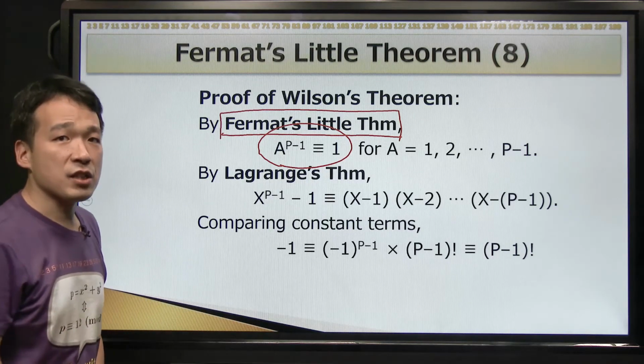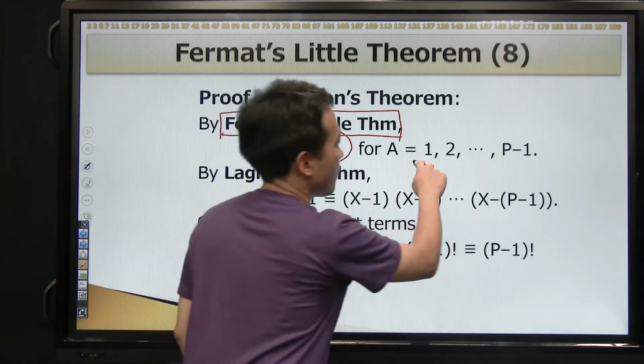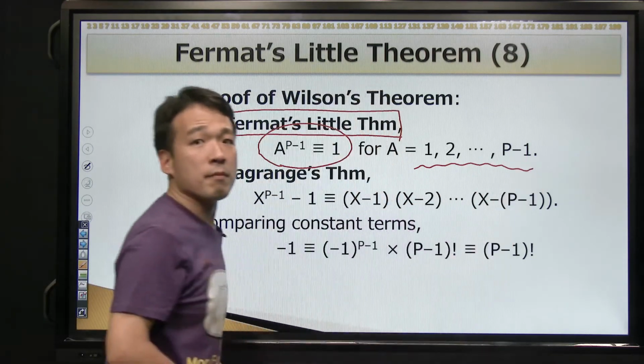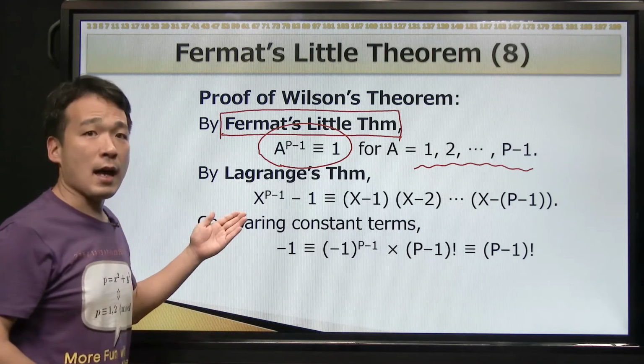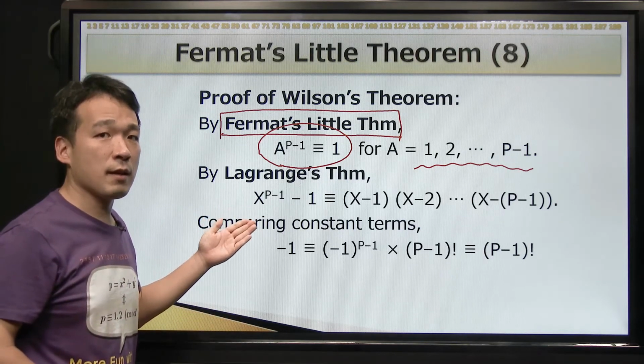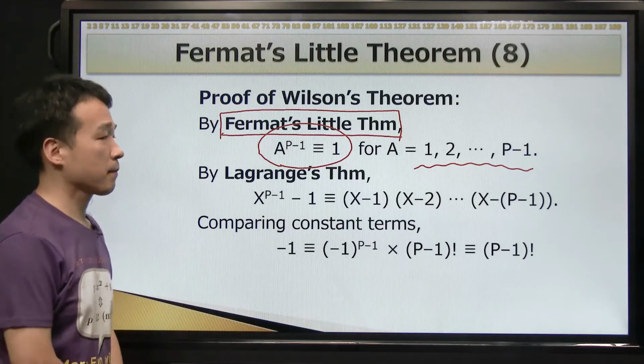All the integers from 1 to p minus 1 are roots of the polynomial x to the p minus 1 minus 1 modulo p.